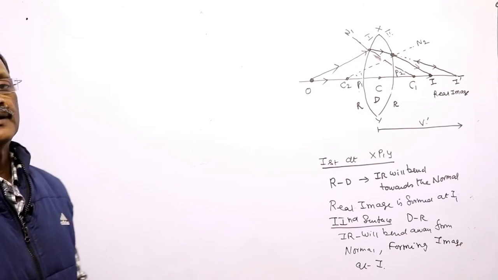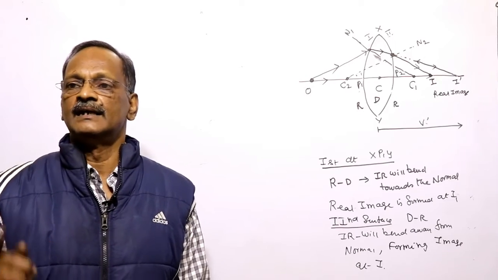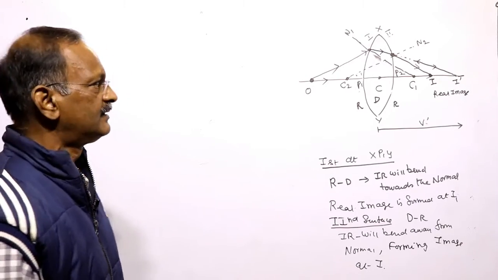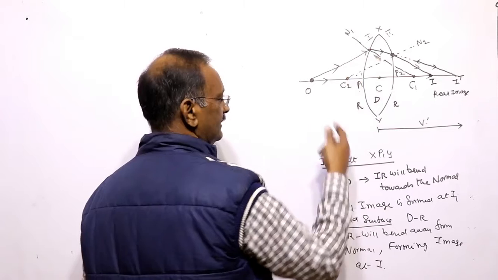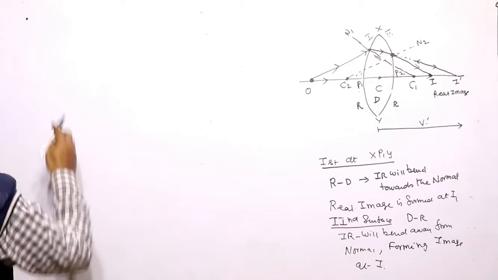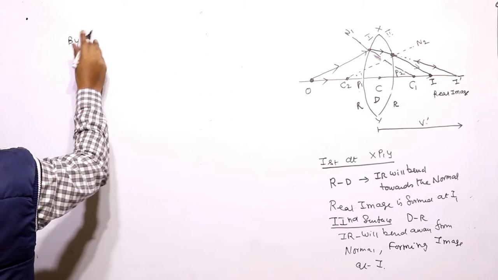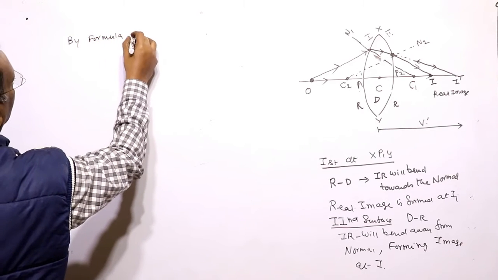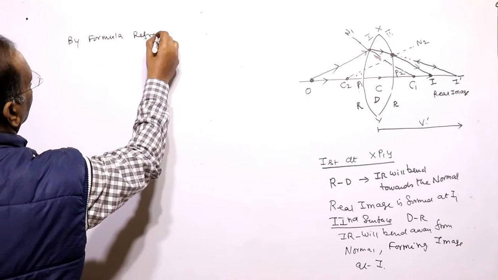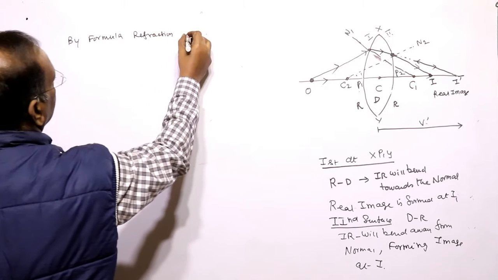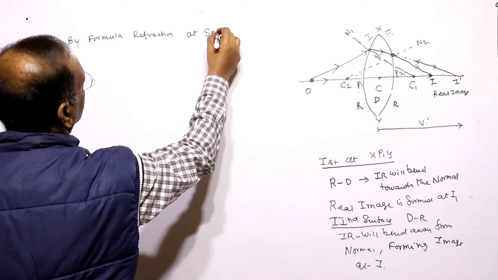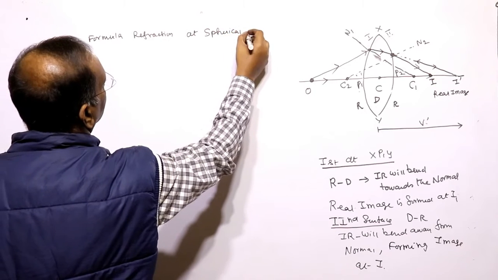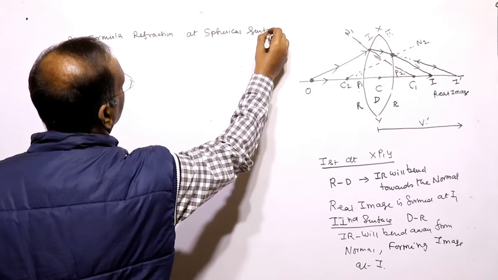Now, refraction for the first surface. Already we have seen the refraction from spherical surfaces, rarer to denser, denser to rarer. First, this is rarer to denser. The first refraction is taking place by the formula for refraction at a spherical surface.